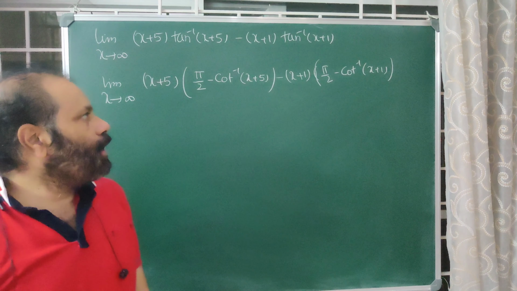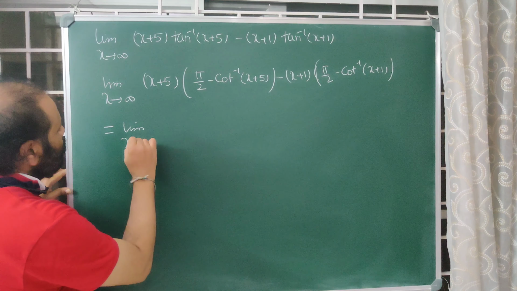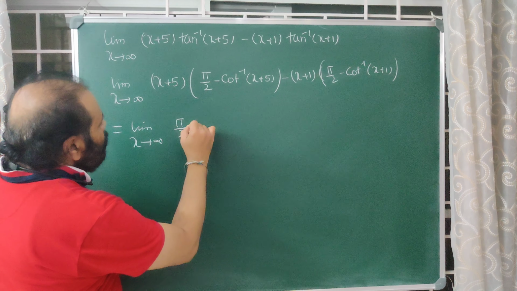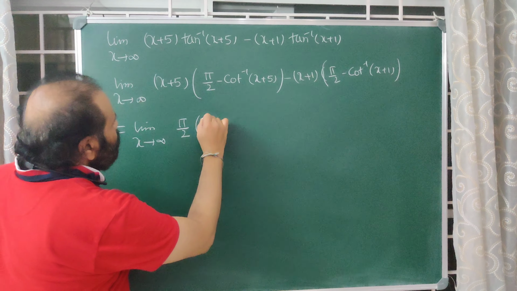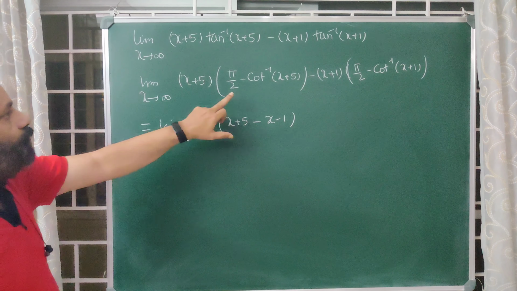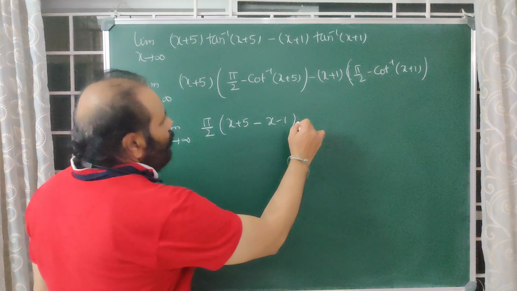Now if you look here, this is equal to limit x tending to infinity. If I take pi by 2 common, this is (x plus 5) into pi by 2, and here minus of (x plus 1) into pi by 2.